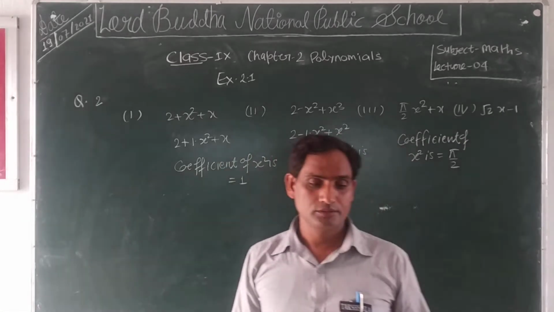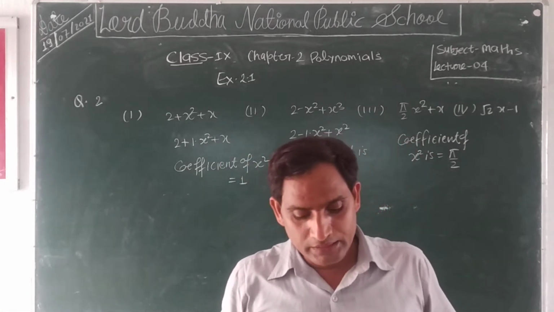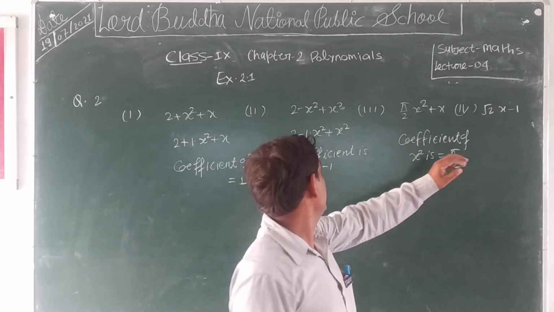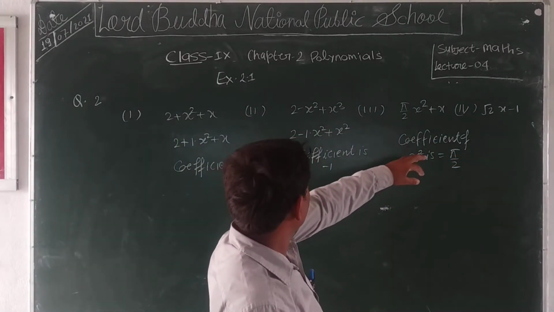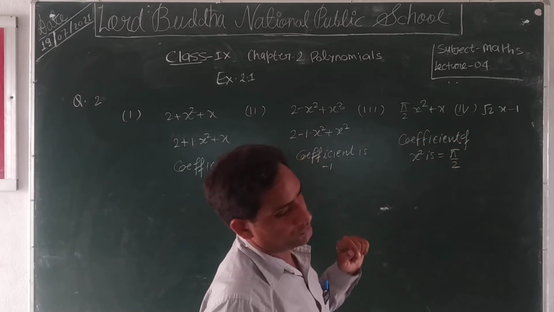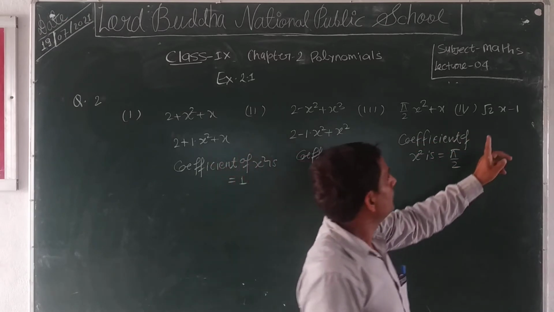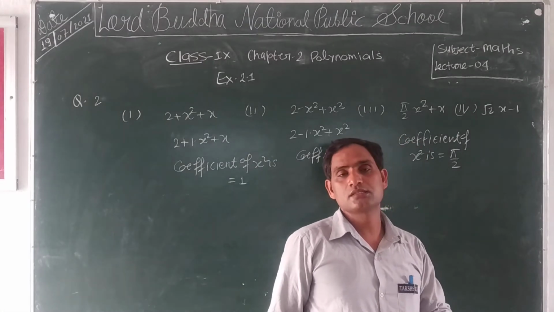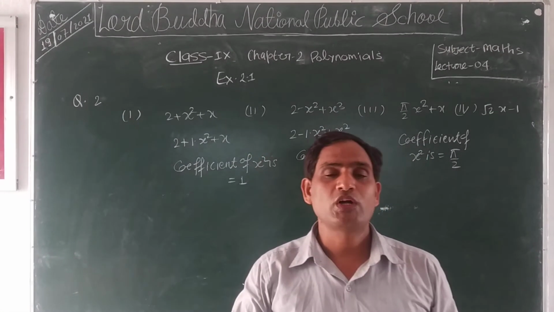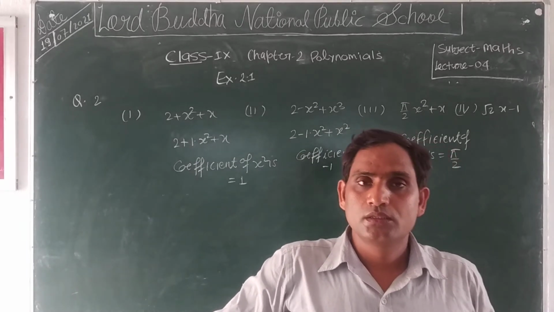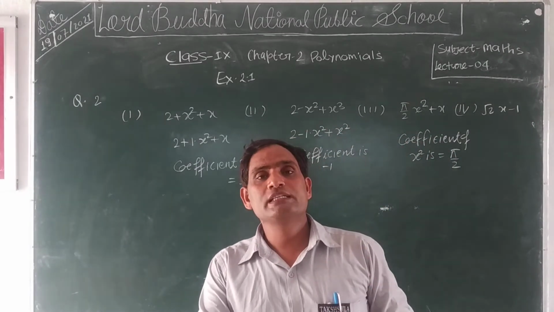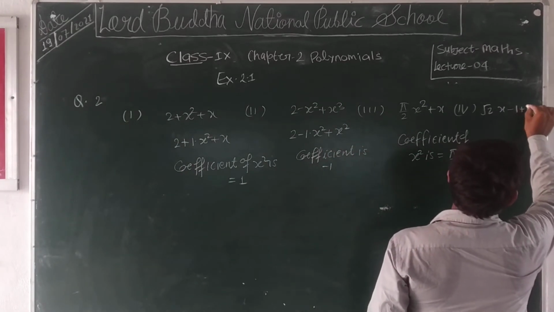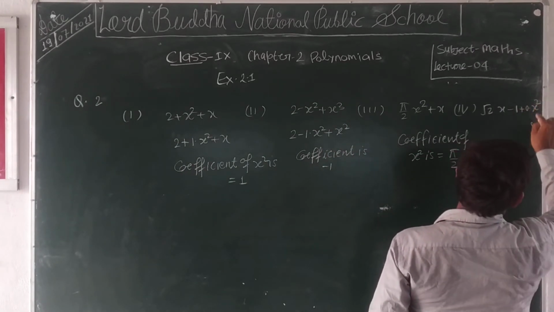And in the next case, which is case number 4, root 2 x minus 1, in this polynomial x square is absent, so we can write 0 into x square.